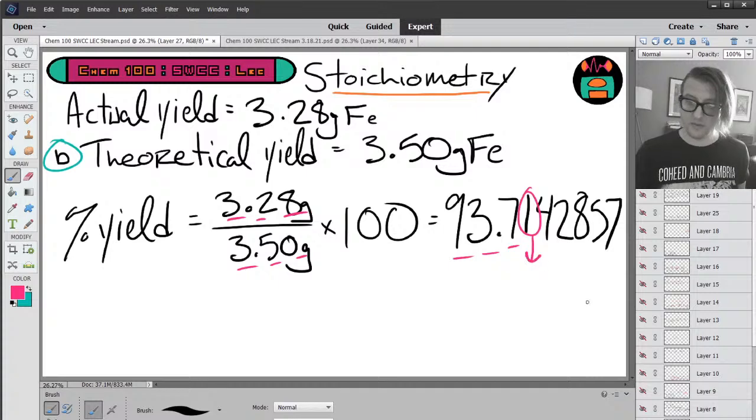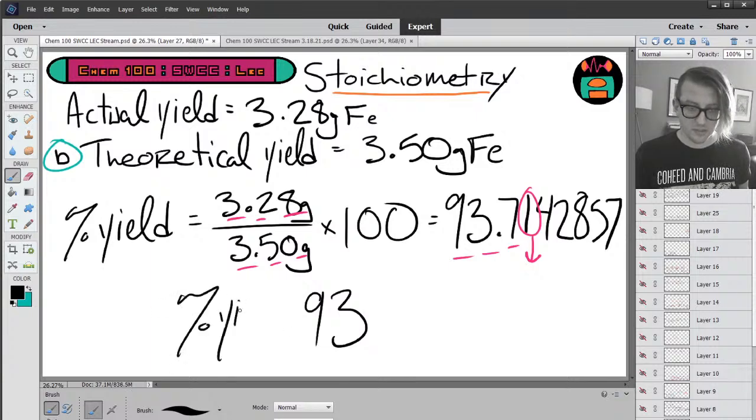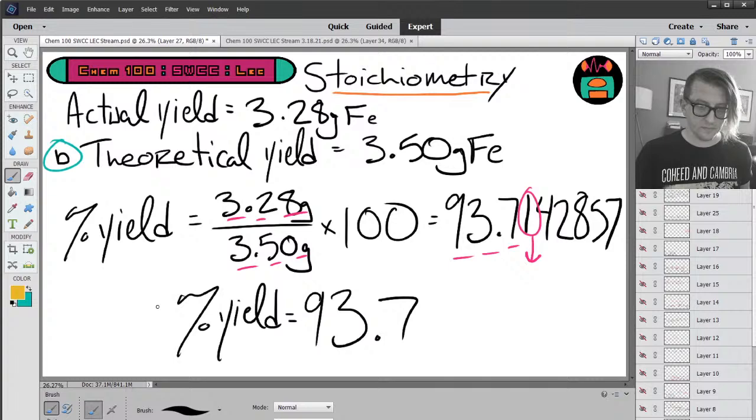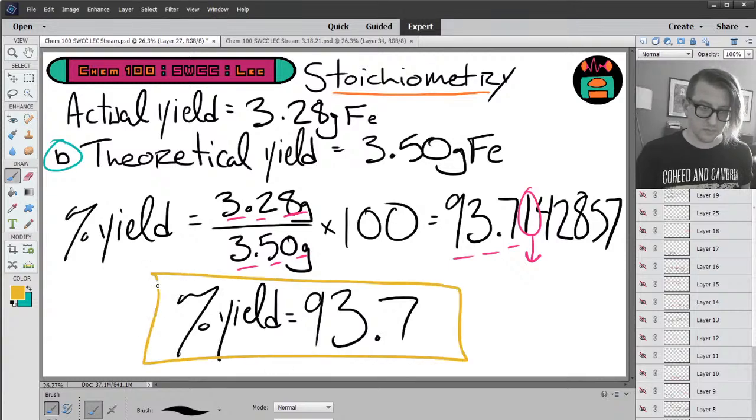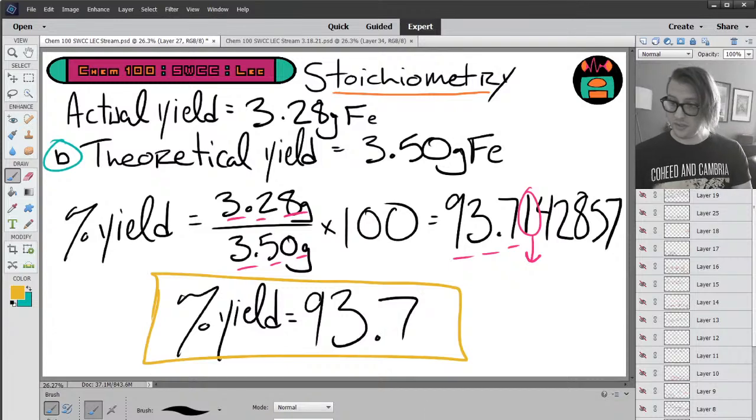This one is going to round down, giving me a percent yield of 93.7. And that is the answer to part C. That is the percent yield for this reaction.